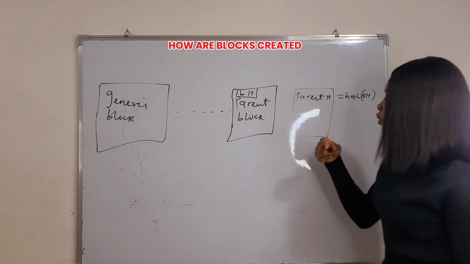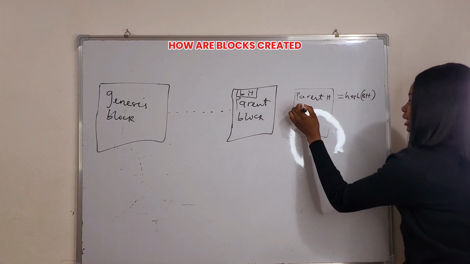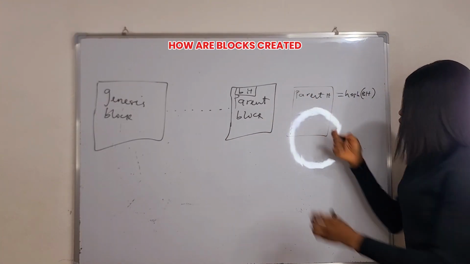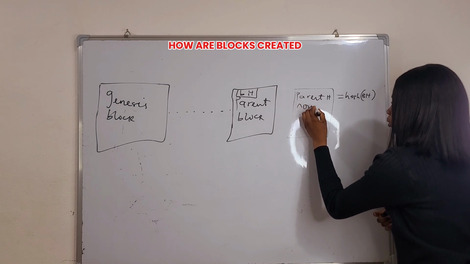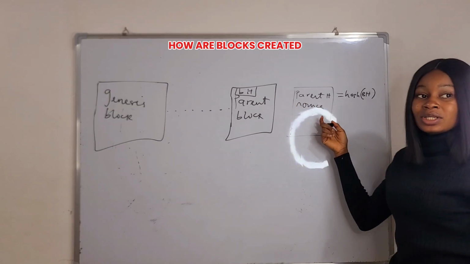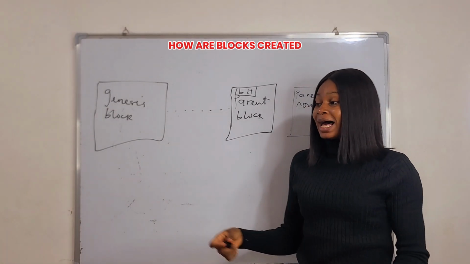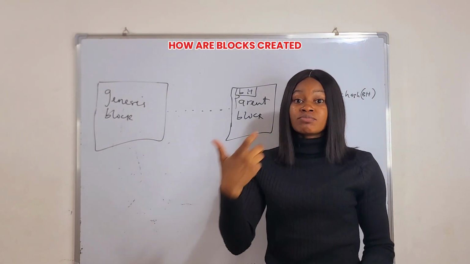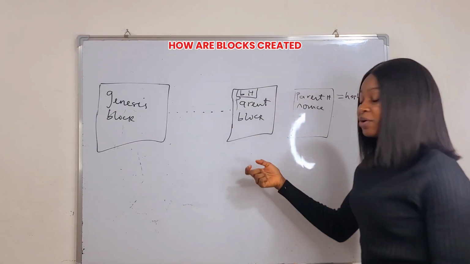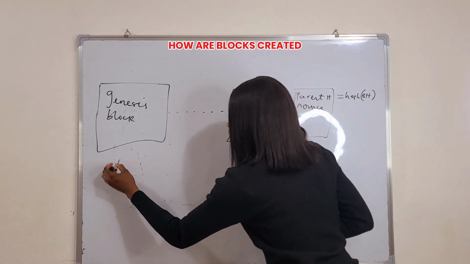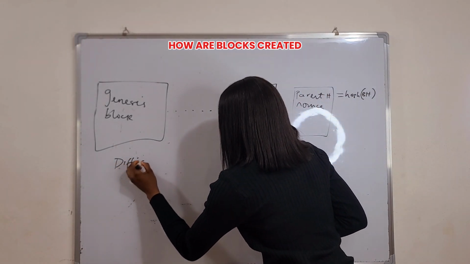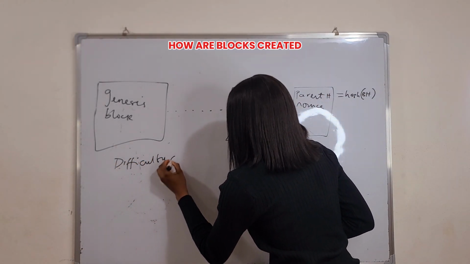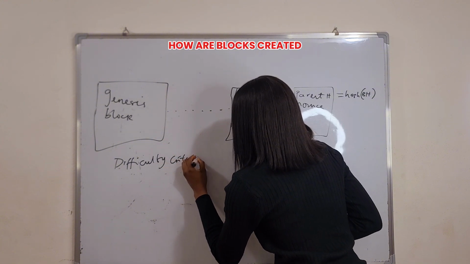That's what we are going to have in the parent hash of this block that we're trying to create. Also in the block header of this one, we have what we call a nonce, right? This nonce is just a random number, and it's just what the miners have to keep changing for them to meet a criteria. So when creating a block, there's something called a difficulty criteria.